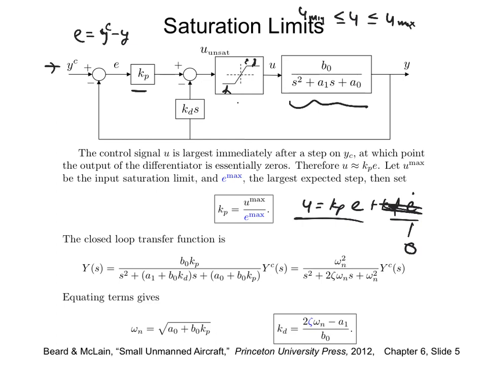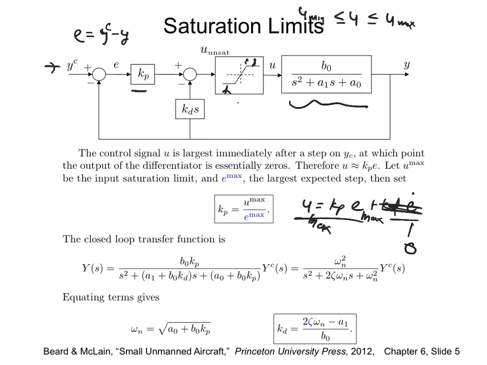So you can say, what should be my Kp? Your Kp is such that when I have Emax, meaning I'm trying to go from 0 degrees to the maximum roll allowed, 45 degrees, that's where your U should be maximum. So that's how you choose your Kp, because most of your input comes from Kp.